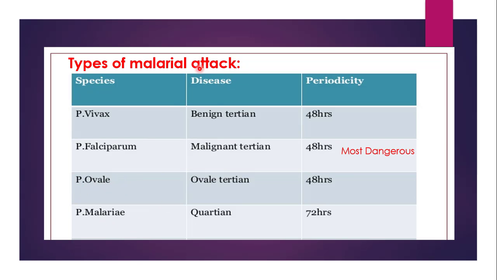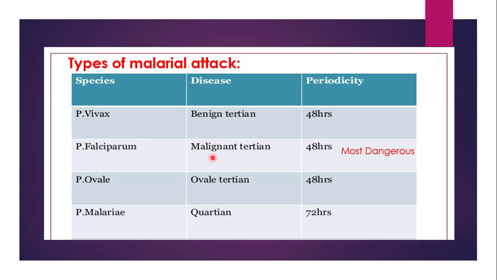And these are the types of attacks: benign attack, malignant attack, tertian malarial attack, and quartan malarial attack. This is the benign tertian type of attack, caused by Plasmodium vivax, and the periodicity is 48 hours, that is, the attack occurs after 48 hours.